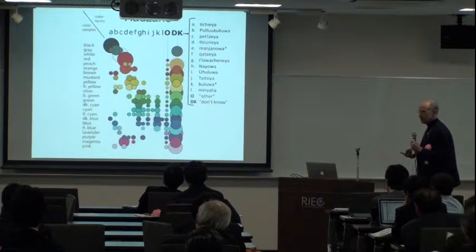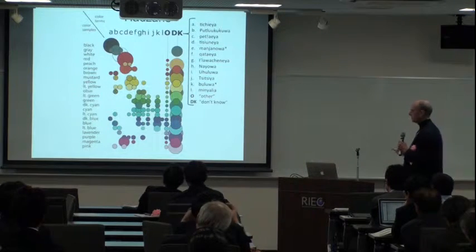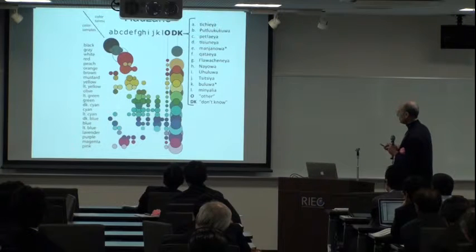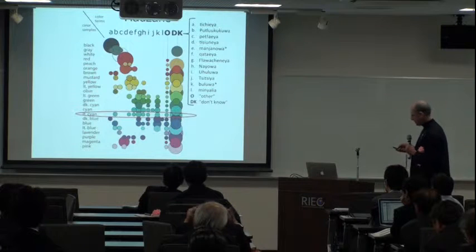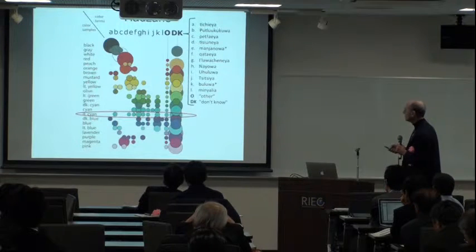We got a very different pattern of results, however, when we studied our Hadza. The first thing to notice is that for a given color, there was an extraordinary range of terms that each of our Hadza informants would use to name that particular color.